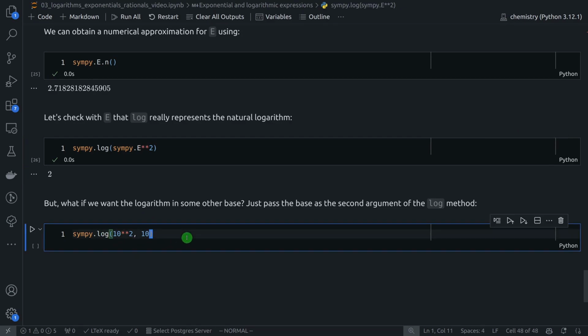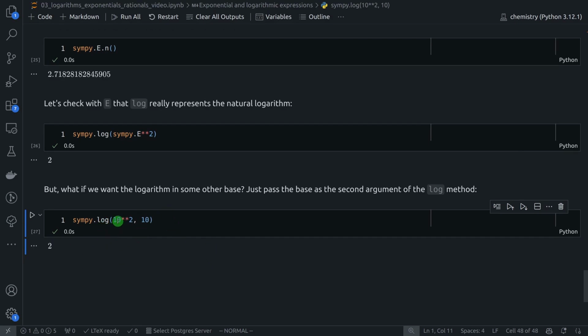So in this case, we'll have the same result too, but note that I'm passing 10 to the power of 2, or 100, and I'm passing here that this logarithm is base 10. So you have the result 2 because this is the logarithm of 100 to the base 10. Okay, that's why you have here the number 2 as the result.